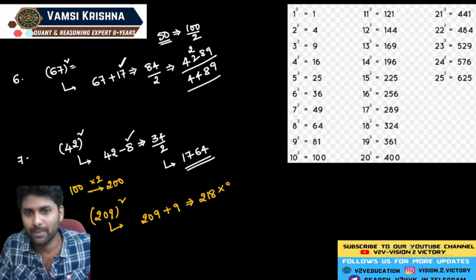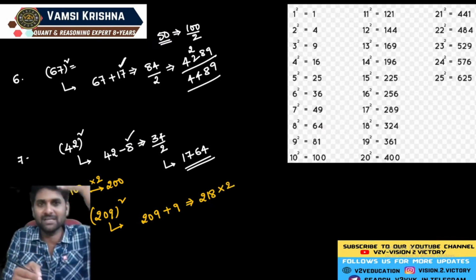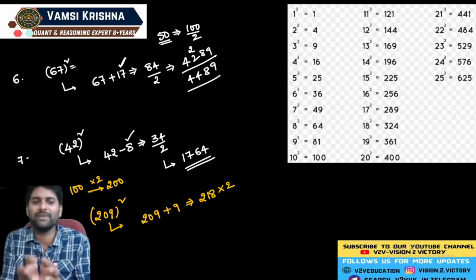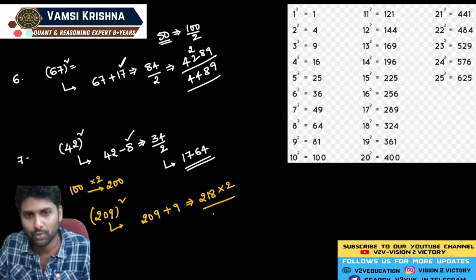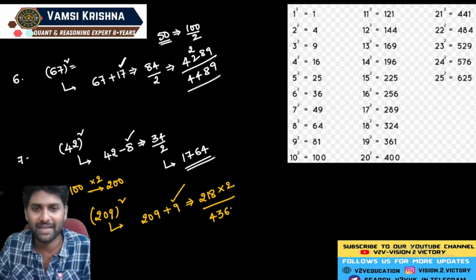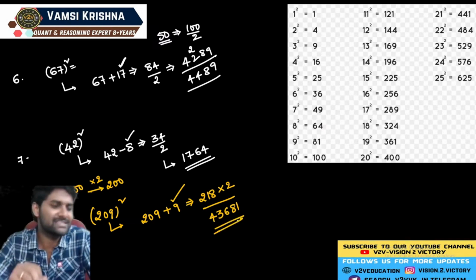Now you should multiply it by 2 times. Why? Because in the previous question we took half, because 50 is half of 100. Now if you take 200 as a base number, it's double of 100, which means multiply by 2. The value is 436. Now how much are we adding, guys? Here 9. So the square of that 9 is exactly equal to 81. So 43681 is the correct answer.